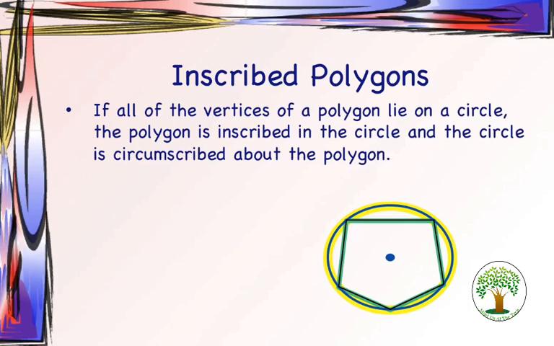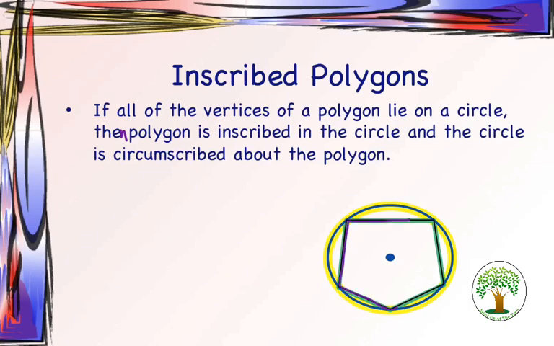Here's another thing we need to pay attention to. It's an inscribed polygon. This is like a definition. If all the vertices of a polygon lie on the circle, then the polygon is inscribed in the circle, and the circle is circumscribed about the polygon.